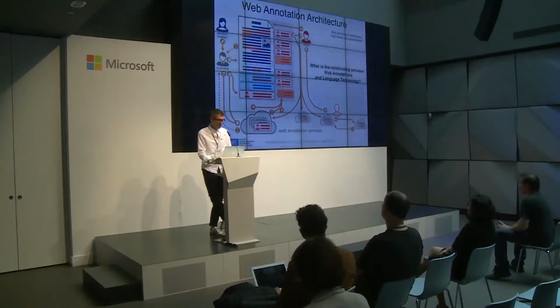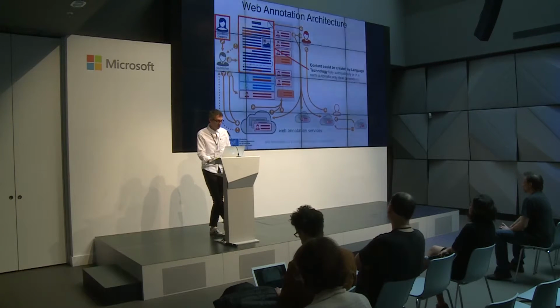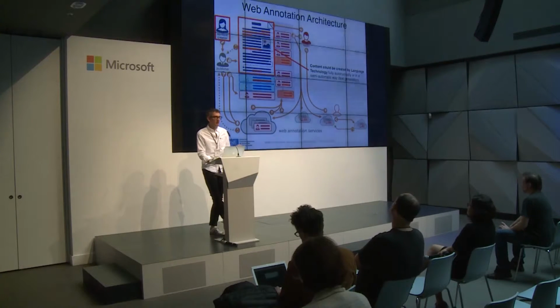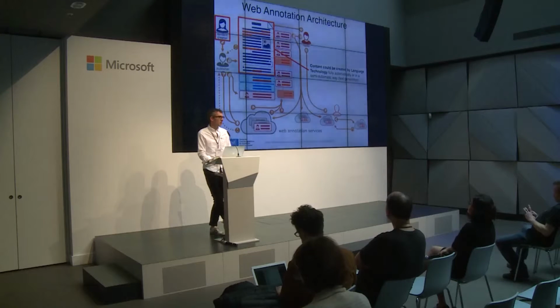So you know this diagram, I assume, the web annotation architecture, and now we can try to pinpoint what the relationship is between web annotations and language technology. First of all, content itself can be created using language technology. We call these tools text generation or report generation. There are many different words for what this is, or big data text generation is also one of the new buzzwords.